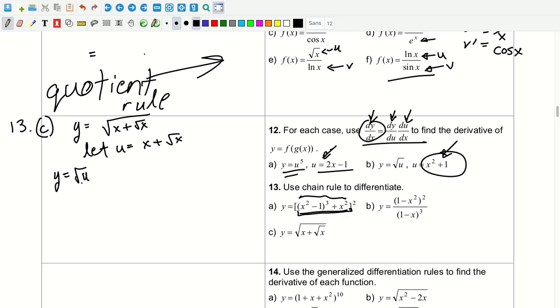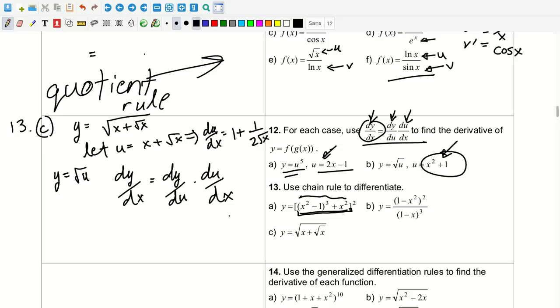So dy/dx, which is what I want to find, that's y prime, that's dy/du times du/dx. Now, du/dx equals 1 plus 1 over 2 root x. Easy. Dy/du is 1 over 2 root u. So we put it all together.